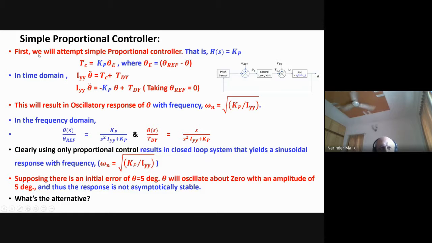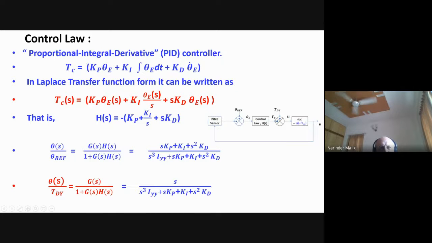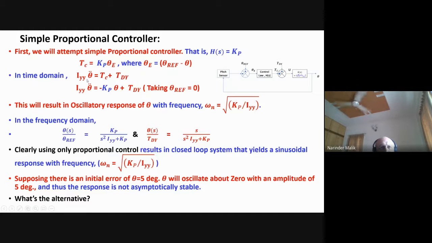Now we will take a simple proportional controller, which means I take Ki as 0 and Kd as 0. I take only Kp into theta E. Simple proportional controller. In the time domain, it becomes Iy theta double dot equals Tc, which I told you was minus Kp into theta E; because theta reference is taken as 0, it is minus Kp theta.